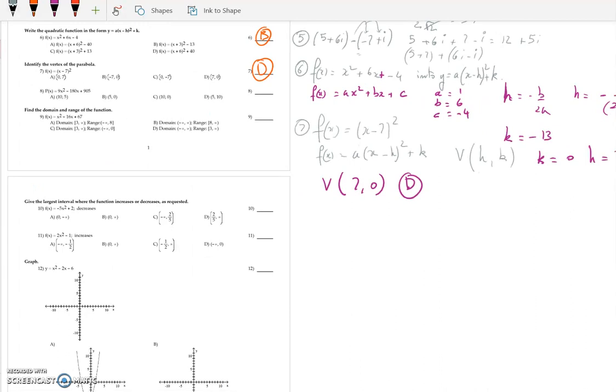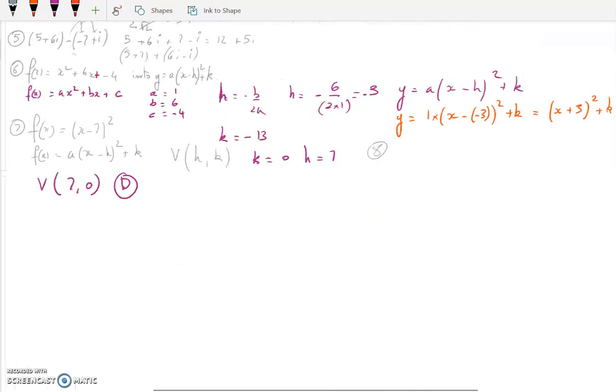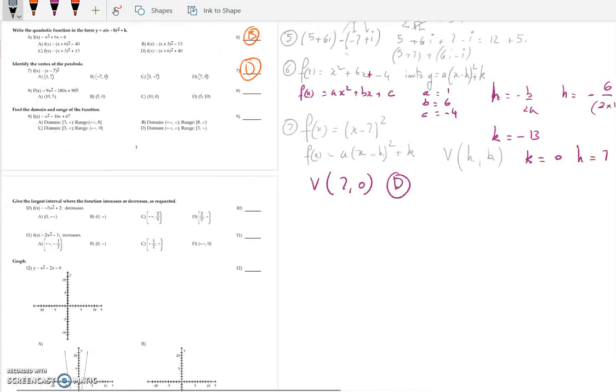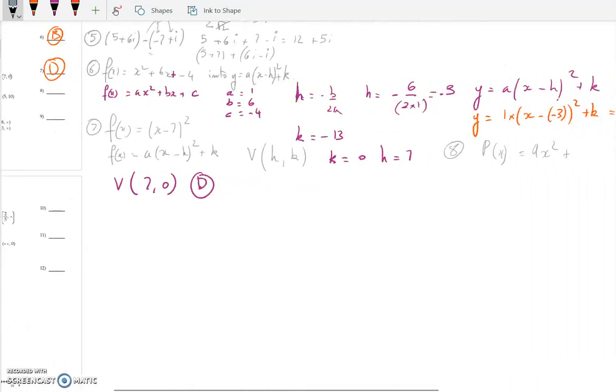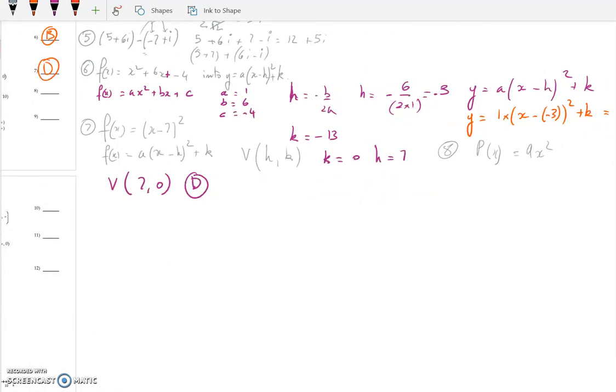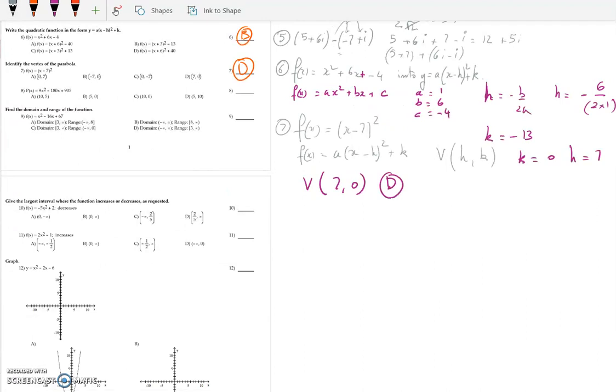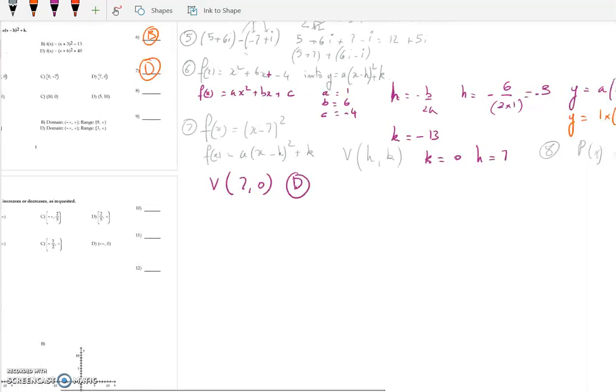P of x equals 9x squared minus 180x plus 905, and we have to find the vertex.